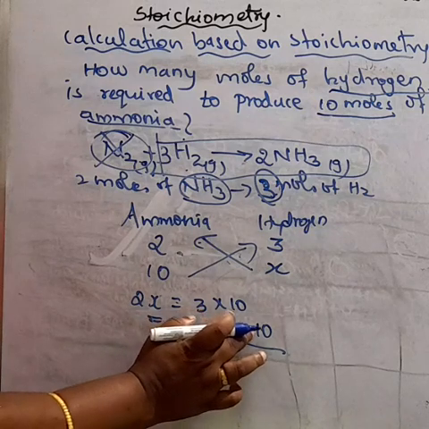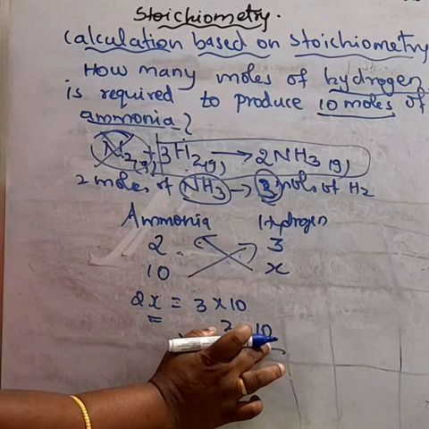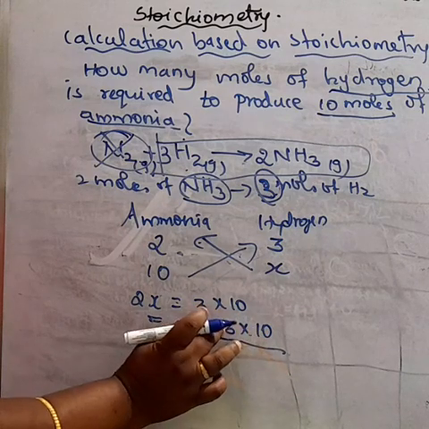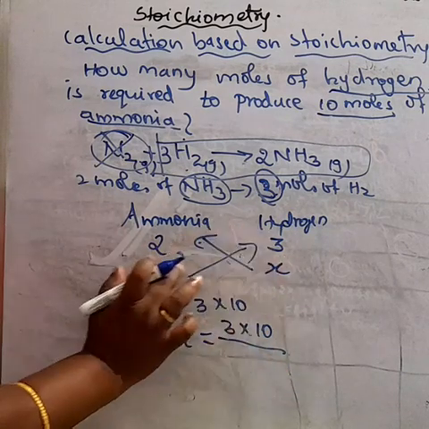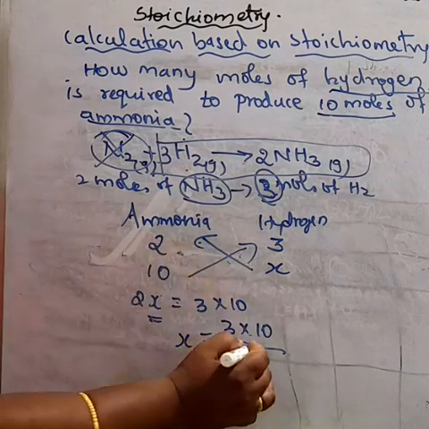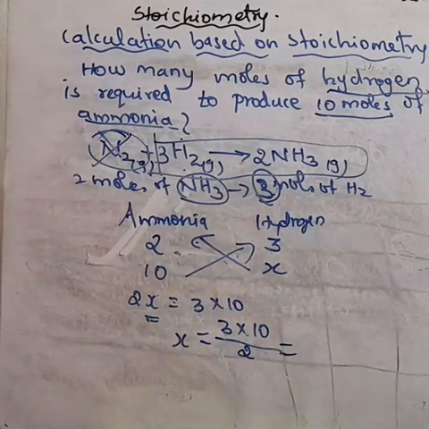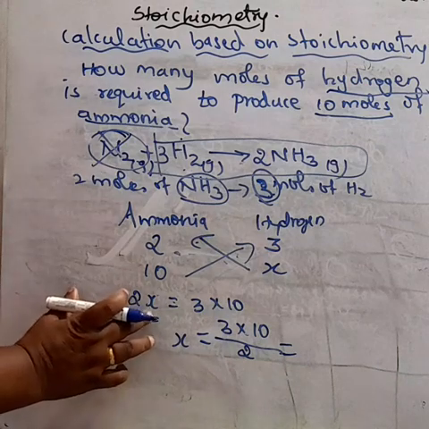So x is equal to 3 into 10, that is 3 moles of hydrogen into 10 moles of ammonia, divided by 2 moles of ammonia. 2 moles of ammonia require 3 moles of hydrogen.